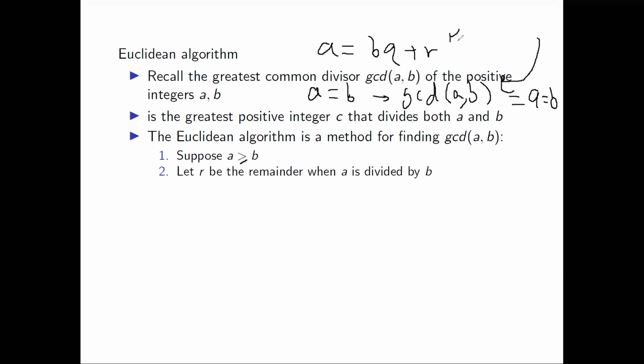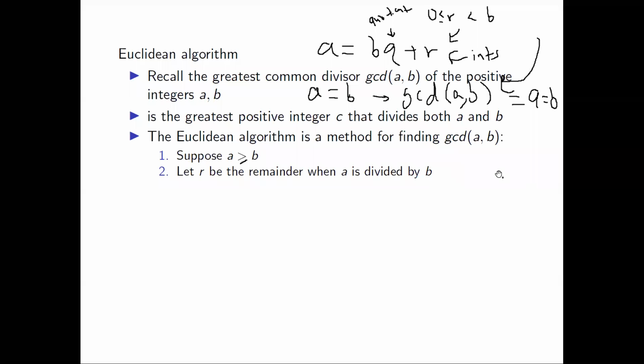So r is between 0 and less than b, and all of these are integers here. And q is our quotient. It's like how we did division back in elementary school. So there's our bound on r.